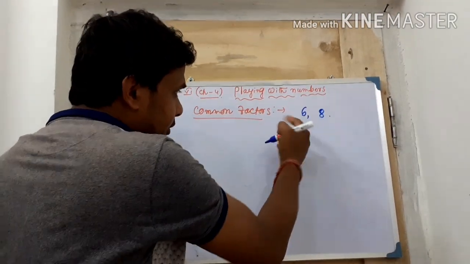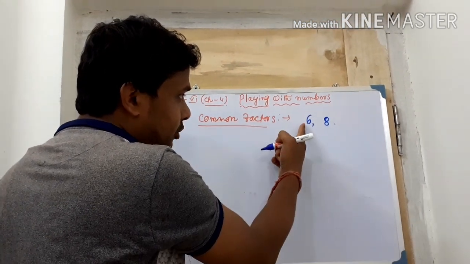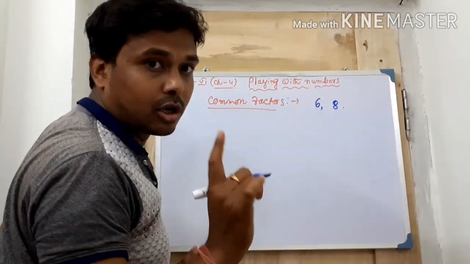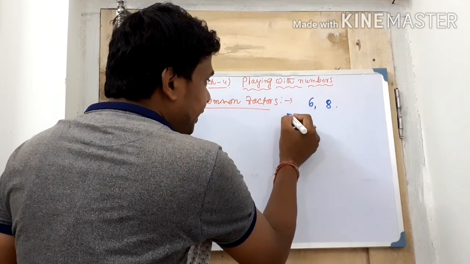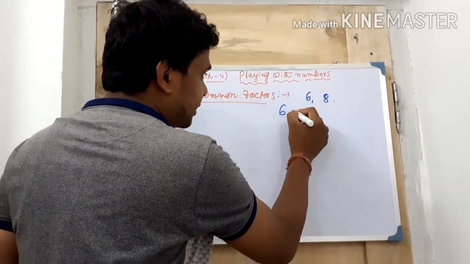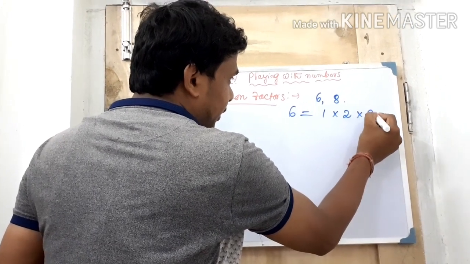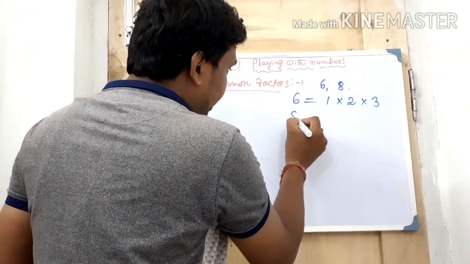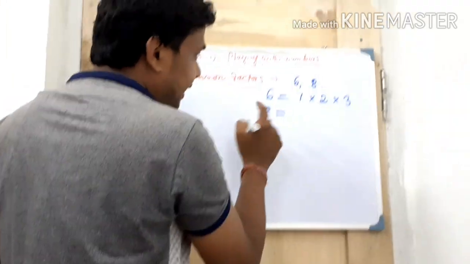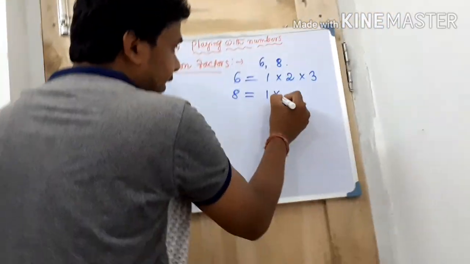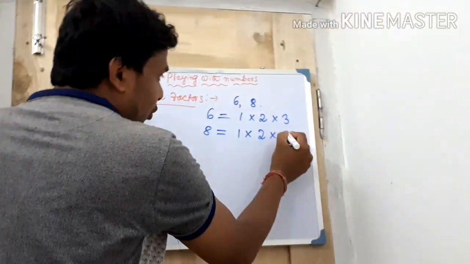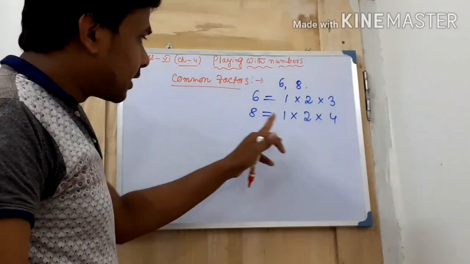If you try to find the factors of 6 and the factors of 8, then what will you write? The factors of 6: first one is 1, second one is 2 and third one is 3. The factors of 8: 1 you will get, 2 you will get, 4 you will get. So these are the factors.